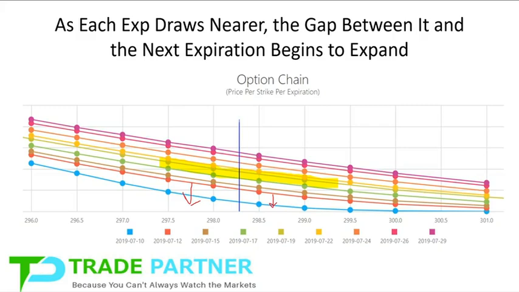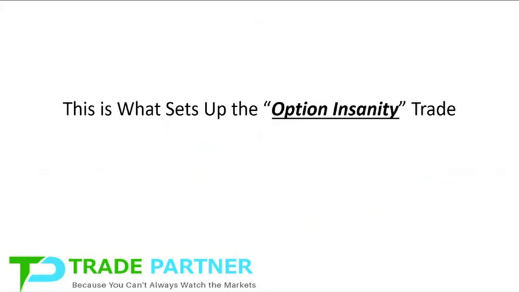That's what you can expect, and that's when the option insanity opportunities begin to exist, when you see these gaps begin to widen. This is what sets up an option insanity trade, and that's why these are relatively short term, 2 or 3 days max as a general rule.